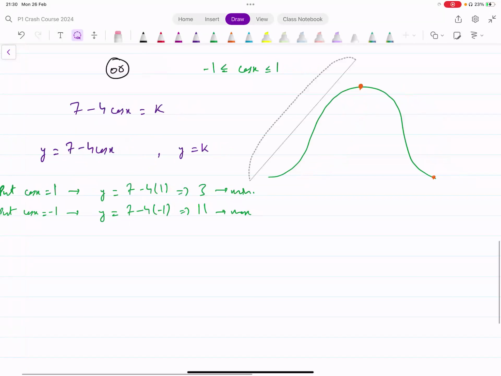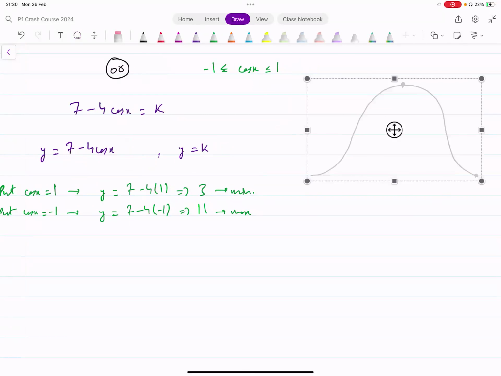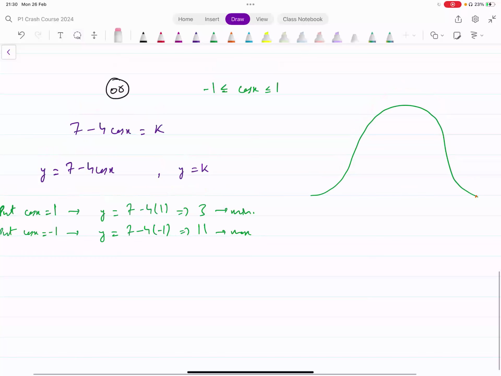So when you draw the graph of this function, the y coordinate at the lowest point of this graph is going to be 3, and at the maximum point, the y coordinate is going to be 11.